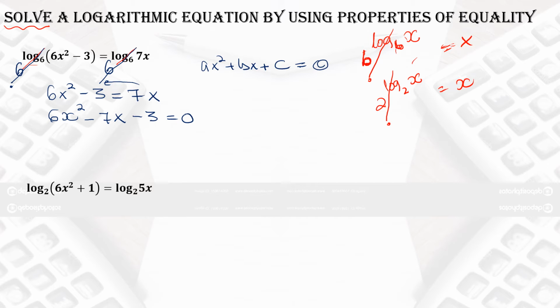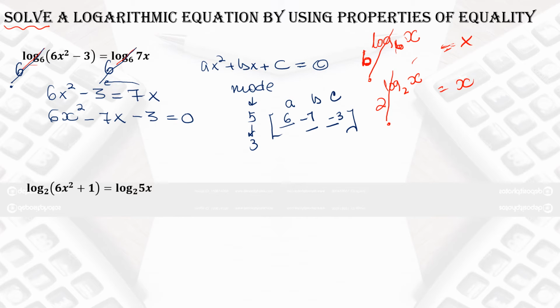If you are using the calculator, then you can go to scientific calculator, you can go to the mode 5 and 3, and a window will appear in front of you, in which you have to edit the a, b and c values as 6, negative 7 and negative 3 to get the value of x directly.